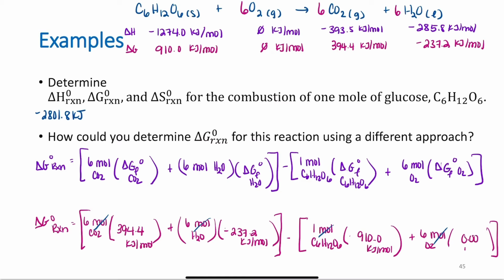And 0.00 kilojoules per mole for O2. Notice again that all of your moles cancel out here. And your final delta G value here is negative 2,879.6 kilojoules.